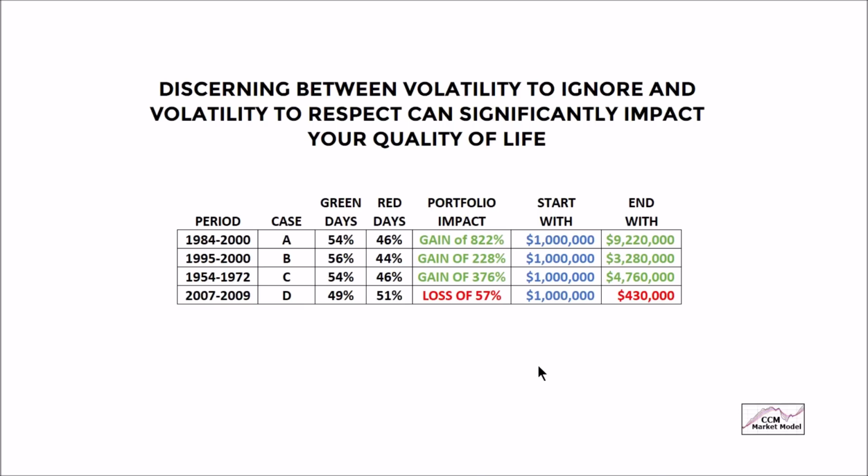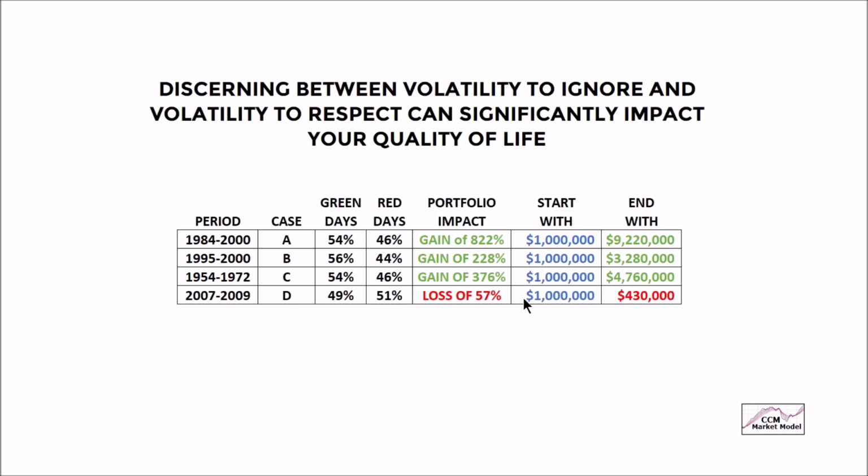Buy and hold works until it doesn't. 1984 to 2000, gain of 822%, primary trend up. 1995 to 2000, gain of 228%, primary trend up. 1954 to 1972, gain of 376%, primary trend up. 2007 to 2009, primary trend down, loss of 57%.